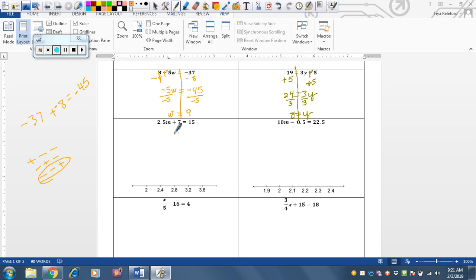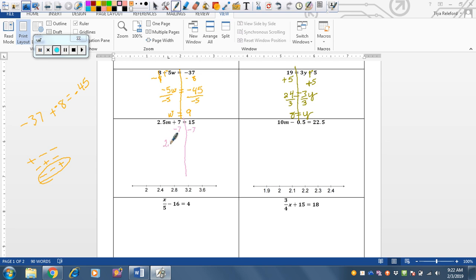All right, these are not crazy. You're just going to plot them on the number line below. So, first step is add or subtract. Subtract 7 from both sides.